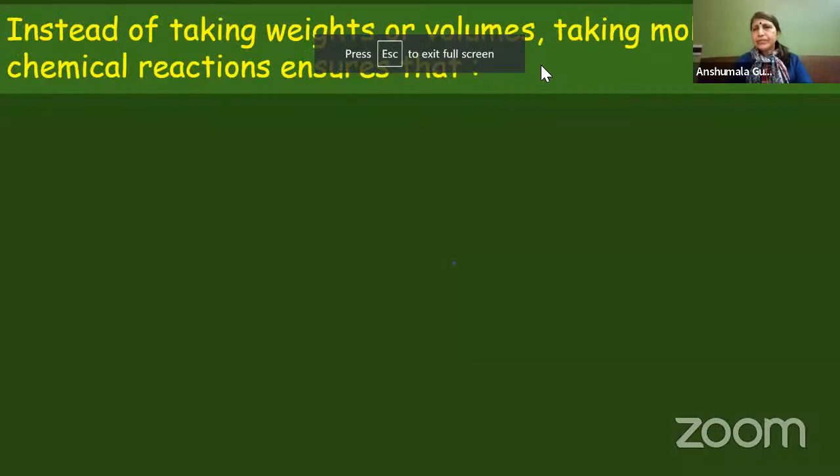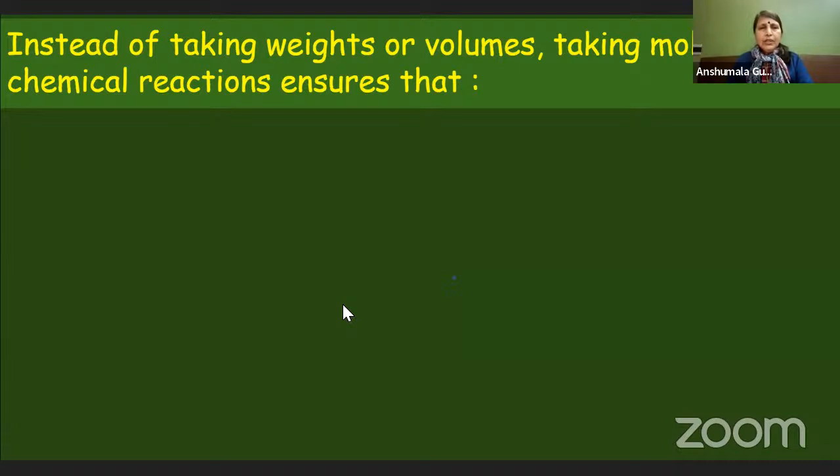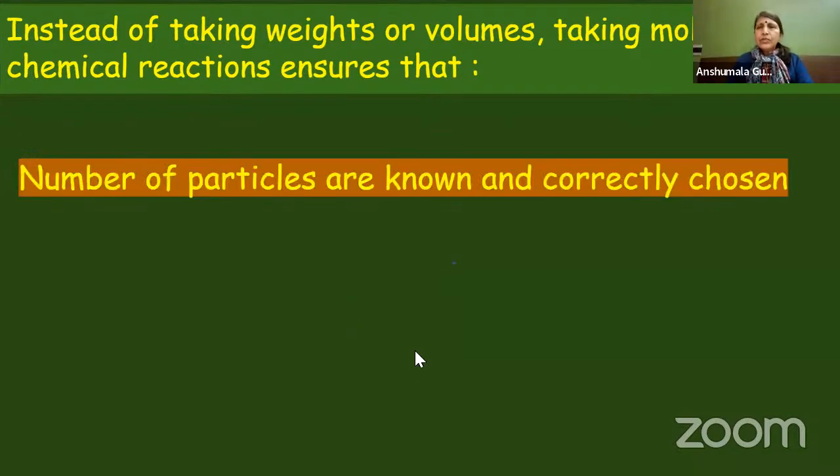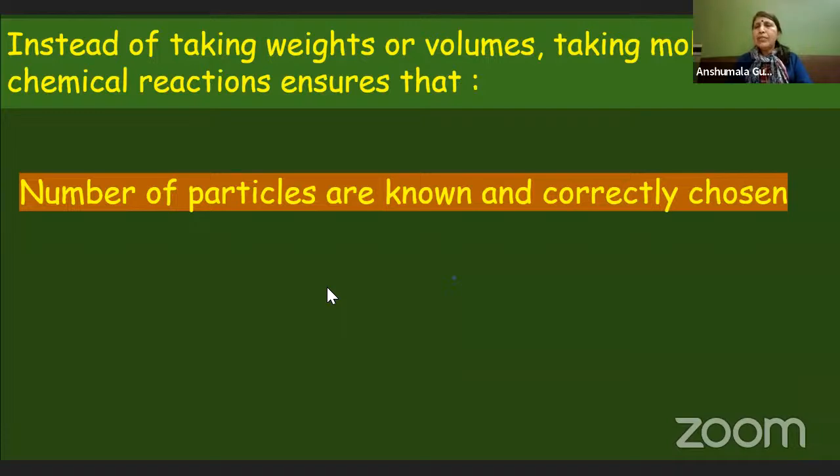So, okay, I have to share my screen. So once again, repeating the same thing: if we take moles in chemical reactions, the number of particles is known. We know how many particles are there.